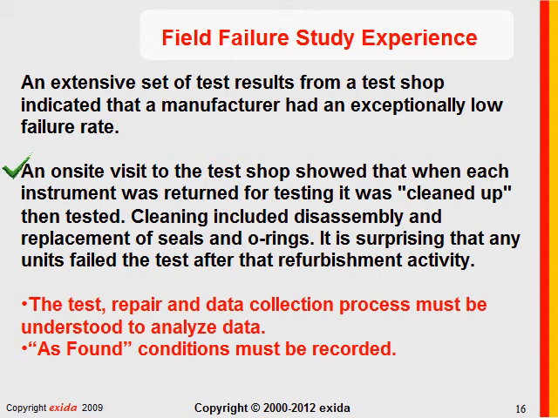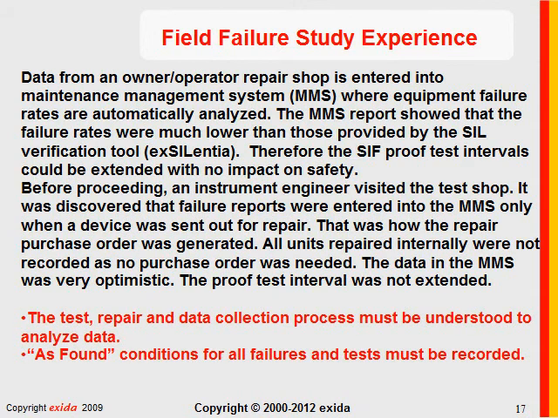So in fact, this particular procedure was quite flawed. As-found conditions must be recorded in a proof test. So there's one of the first and most important things about any field failure data collection system. And of course, anybody analyzing the data must thoroughly understand the data collection process in order to judge the validity and to have confidence in any data set.